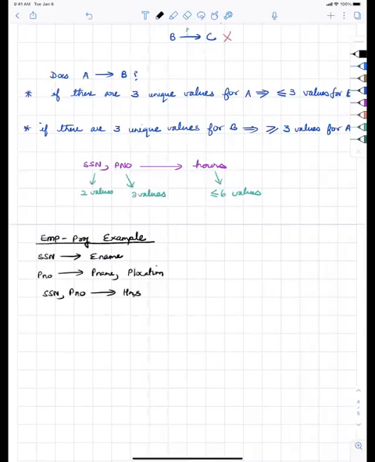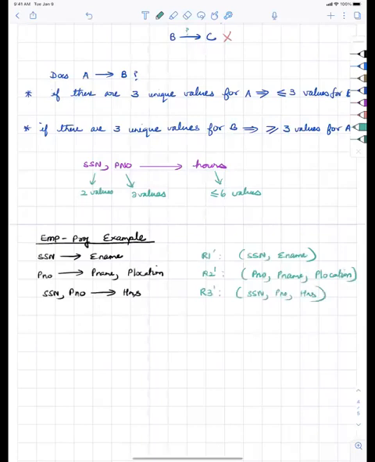So the right way to divide would be to have three tables. You would have R1 dash, which is SSN, name; R2 dash, which is P number, P name, and P location; and then R3 dash, which is SSN, P number.